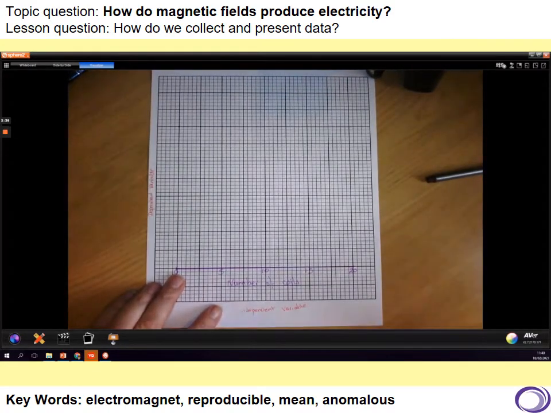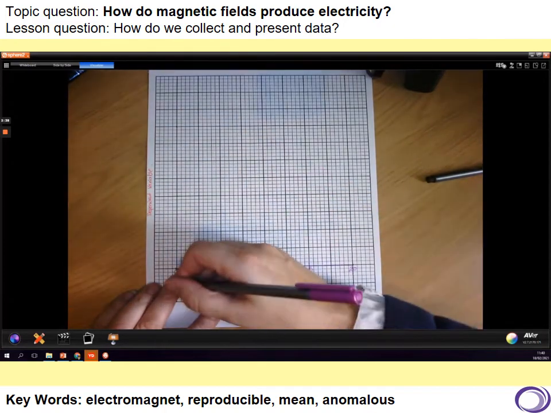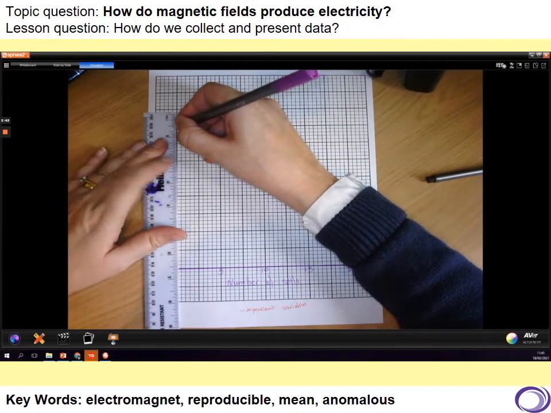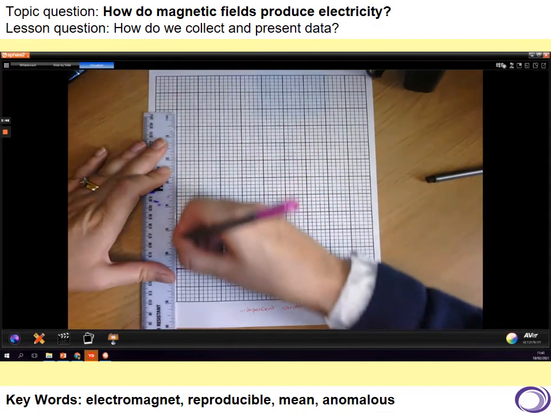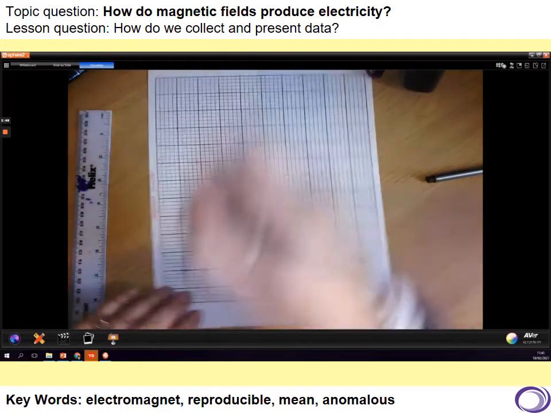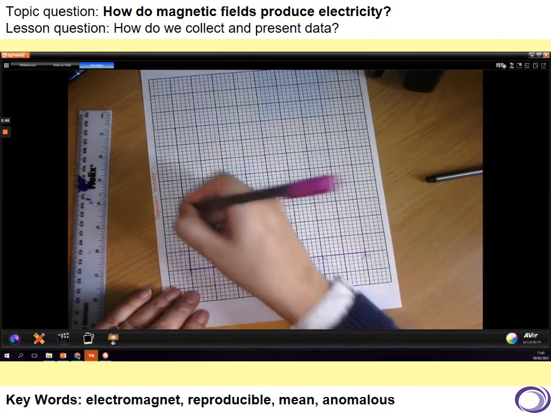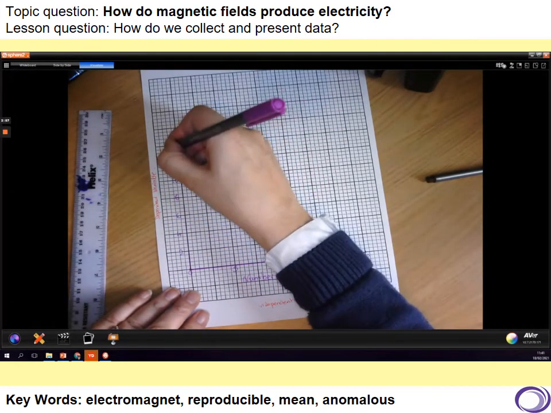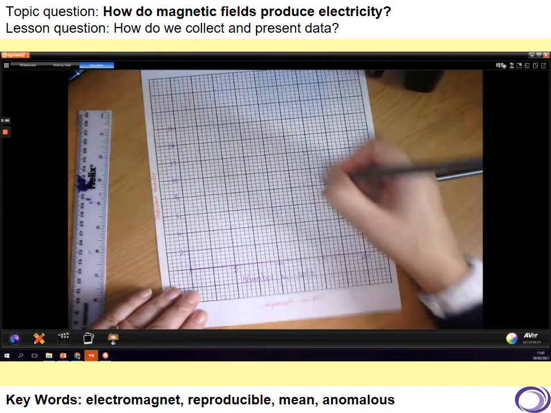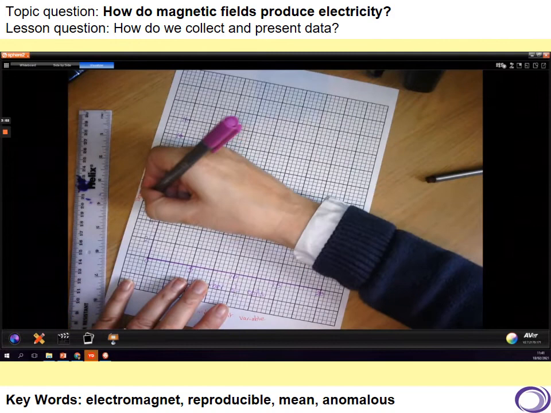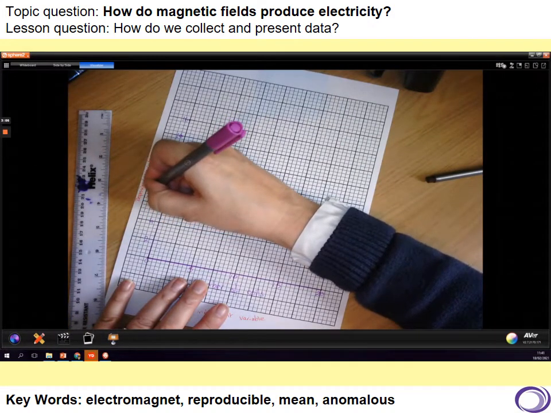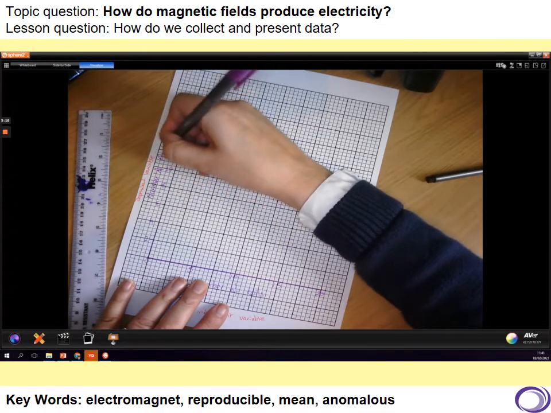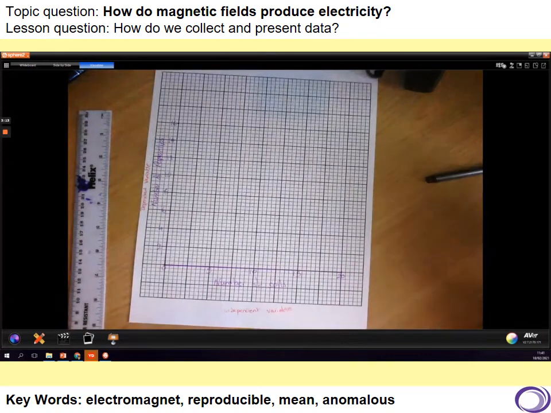And that's going to give me a nice axis on my graph, so I'm going to do that. And if you remember, this was the dependent variable, the number of paper clips. Again, this doesn't have any units, so I don't need to put any units on that.